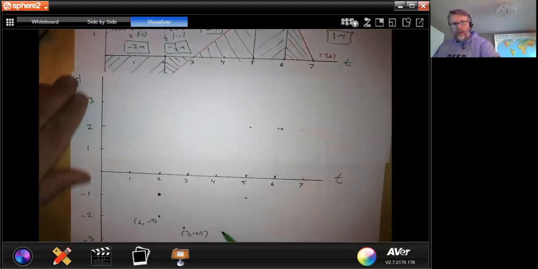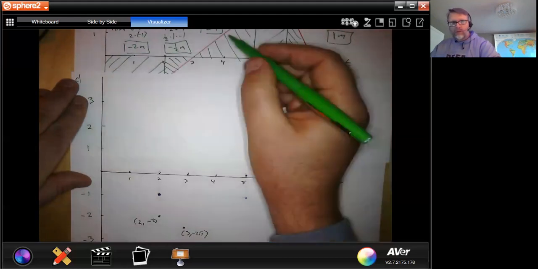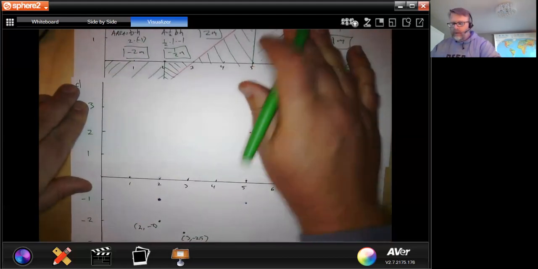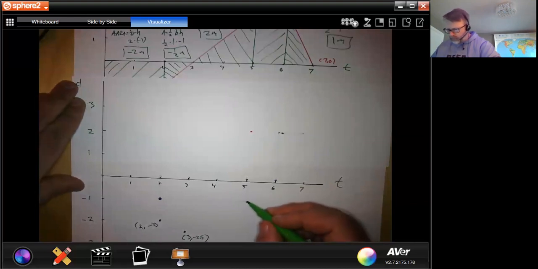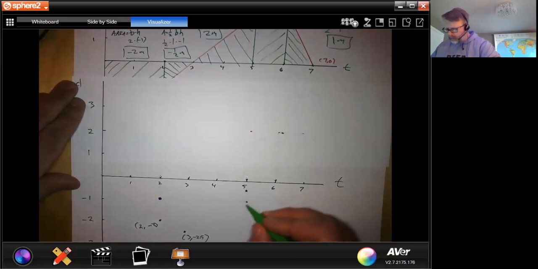And if you can see it, it is going up 2 here. So I was at -2.5. So at 5 seconds, I'm going to be at -0.5. So this is going to be 5, -0.5.